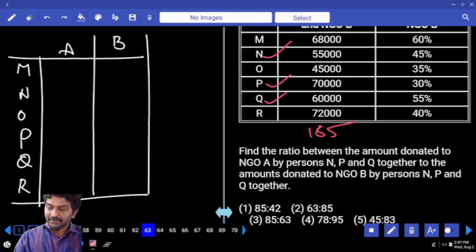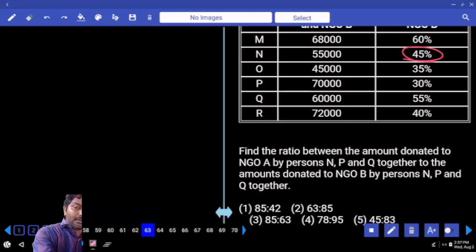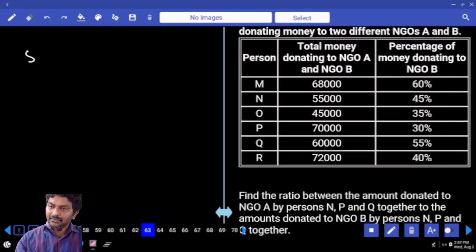Right. So we have to calculate. 45% are female. Now 55% goes to male only. NGO. Yes. This is total money donated to NGO A and B together.